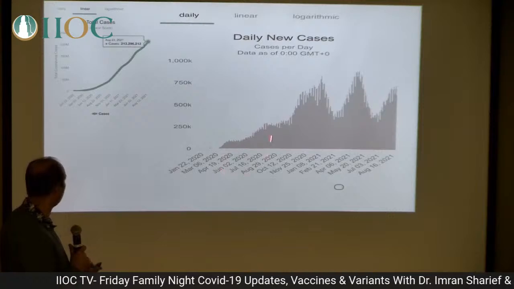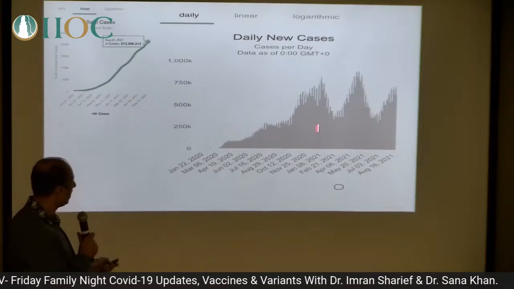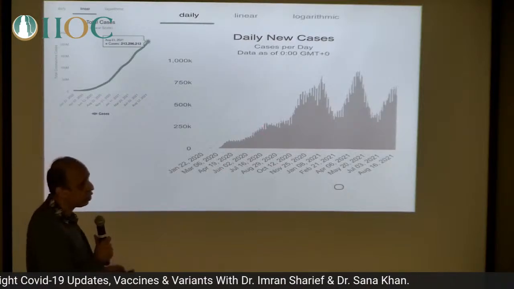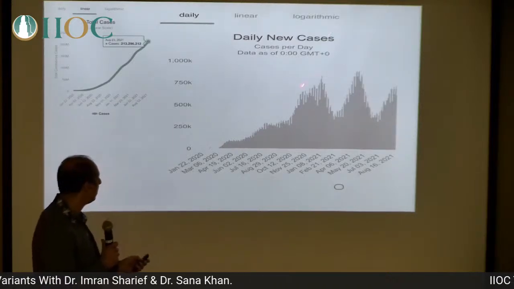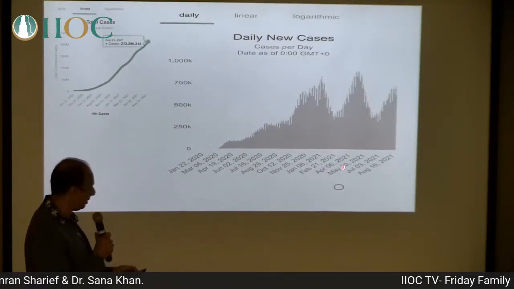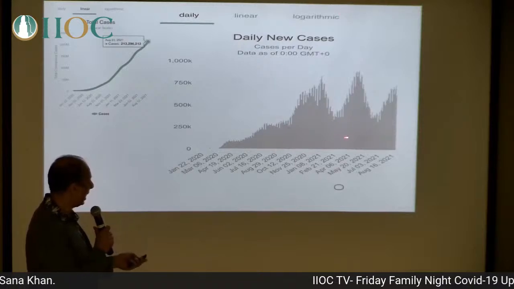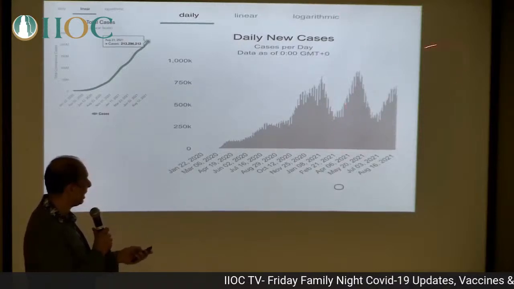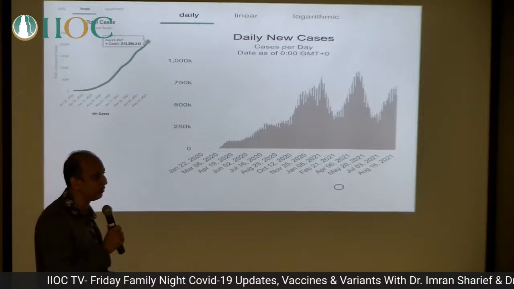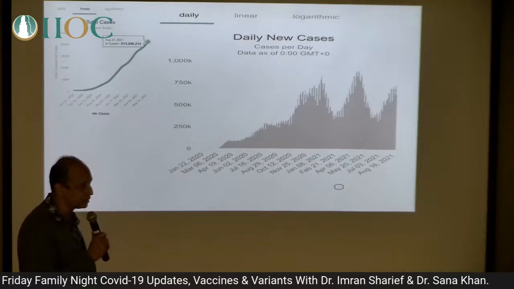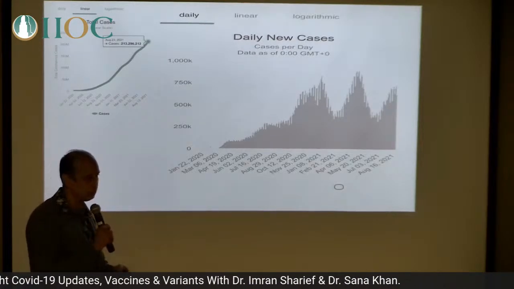And you can see when this started, over here, this is the first wave, which we were all scared of. The whole city was shut down. And this was the real wave, which happened in December, January, and February. And then this is the third wave, and now we're in the fourth wave. So right now, we are actively in the fourth wave, and the cases are continuously rising.